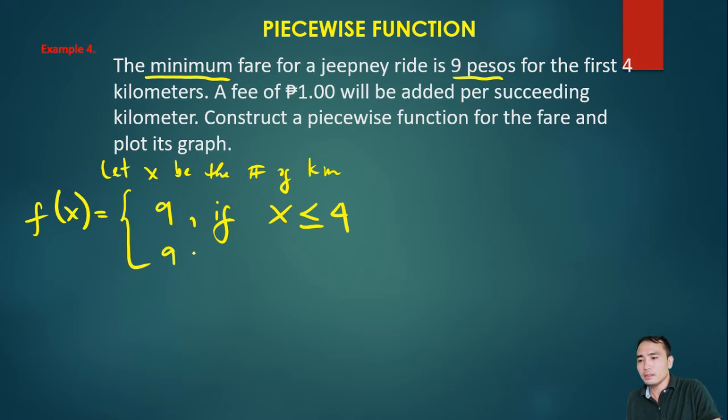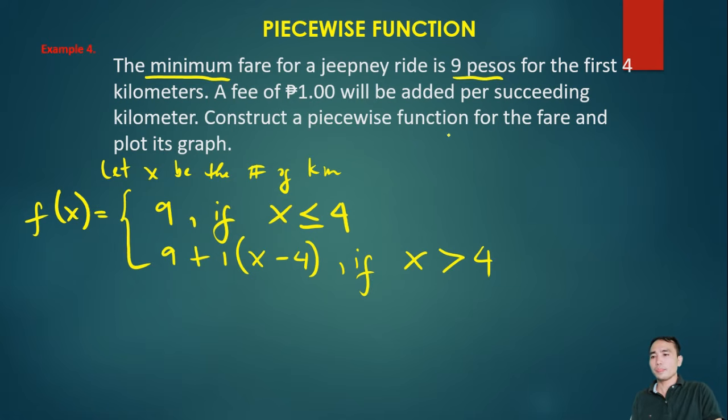So, 9 plus 1 times x minus 4 if x is greater than 4. Okay? So, construct a piecewise function for the fare. So, ito na yung piecewise function natin. And plot its graph. Okay.